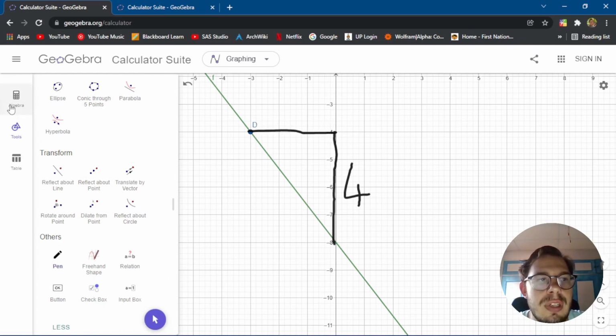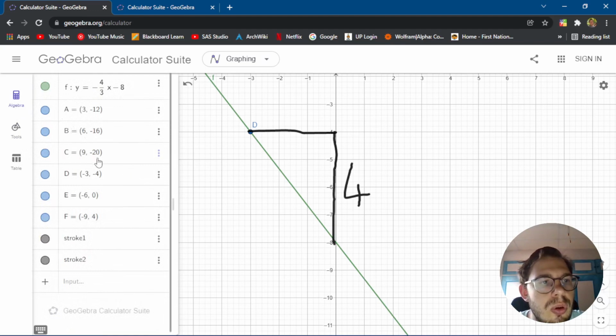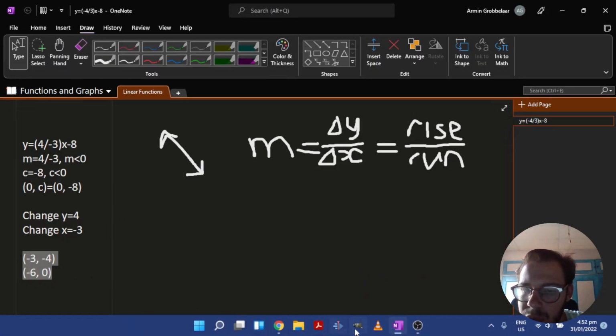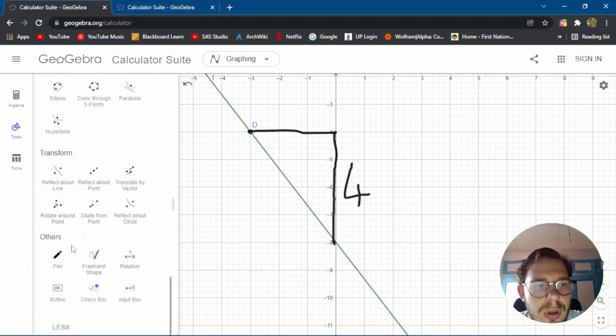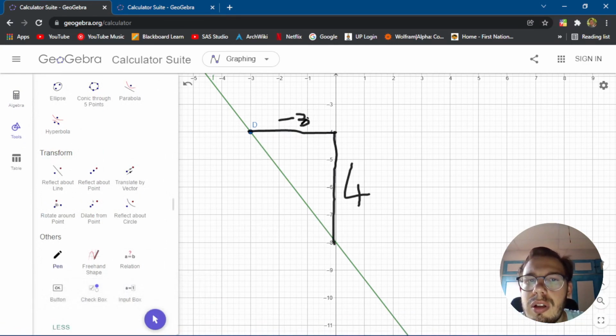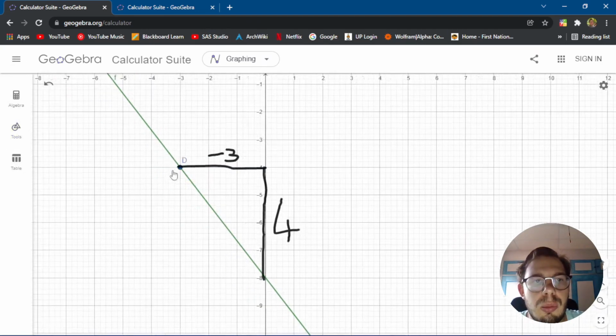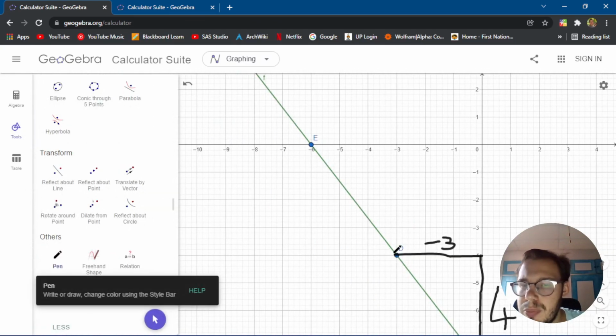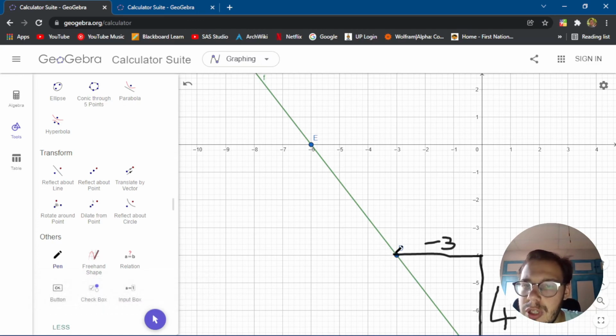And there we have D, which is minus 3, minus 4. Then again, for our final point, because the change in y is positive 4, we move up, so that's up 1, 2, 3, 4.